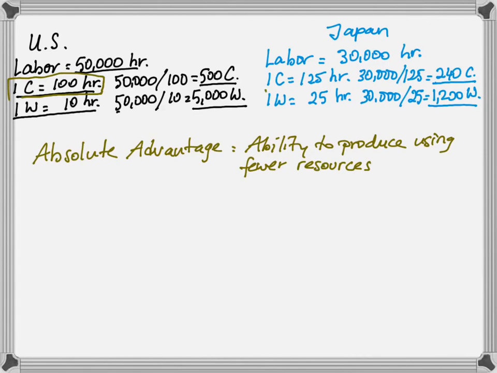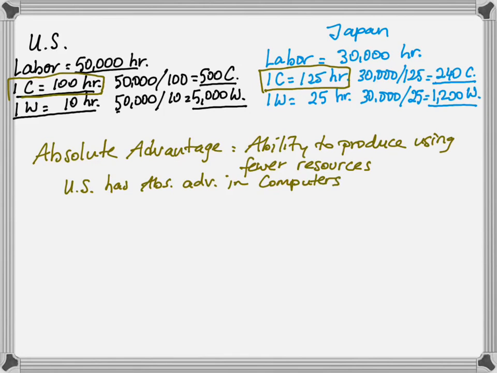In Japan, it takes 125 hours to produce one computer. Since for the United States, it takes fewer hours to produce one computer, we can say that the United States has absolute advantage in the production of computers.